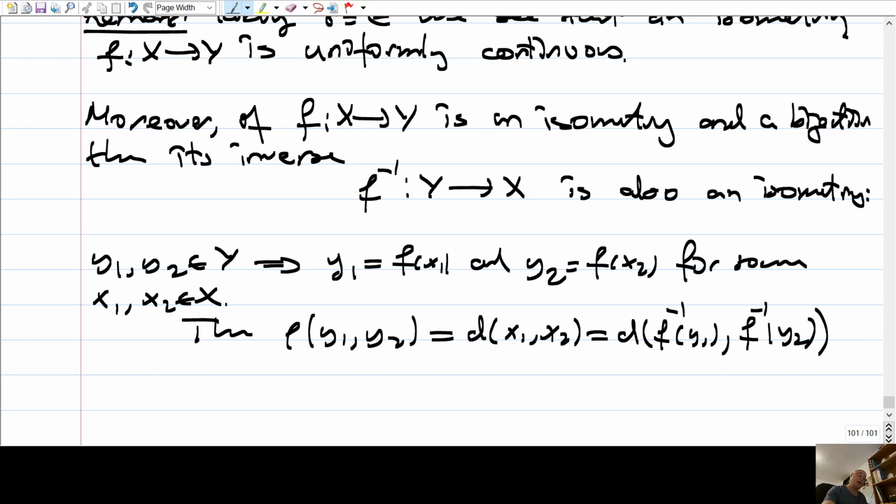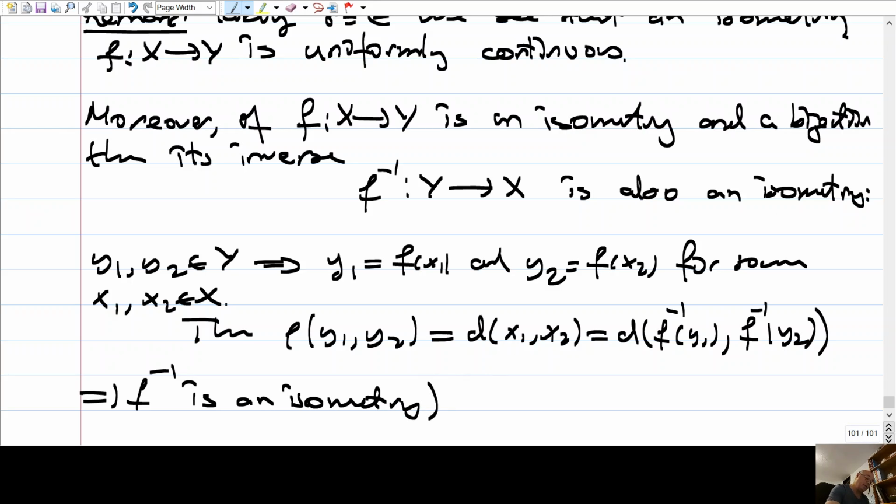So whenever I take 2 points in Y, the distance between these 2 points is the same as the distance between their images under f inverse. And this implies f inverse is an isometry.